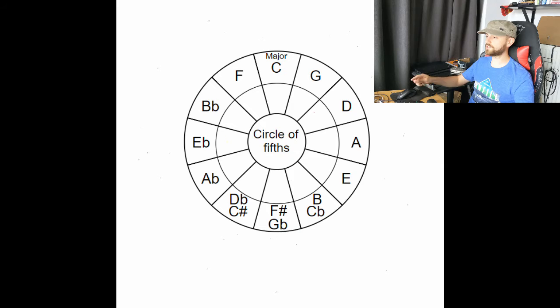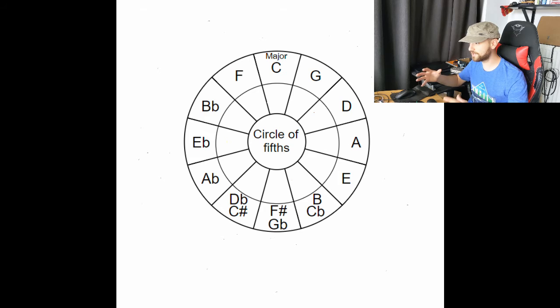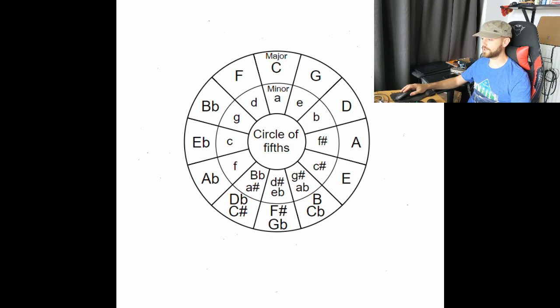So if you look at these first three notes right here, F, C, and G, if you play F major, C major, and G major, and then you look at the next three and you play those but minor, so D, A, E, so D minor, A minor, E minor, then you actually have 6 chords that always go together in the scale of F. Okay, so F, C, G, D minor, A minor, E minor, and that's actually shown right here in the circle.